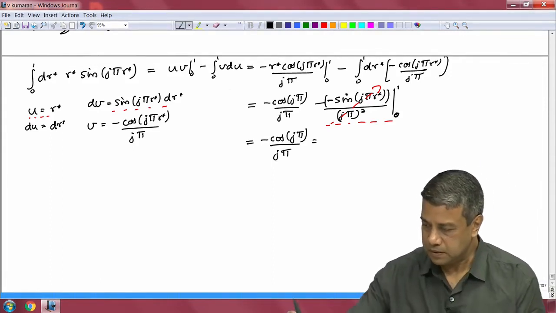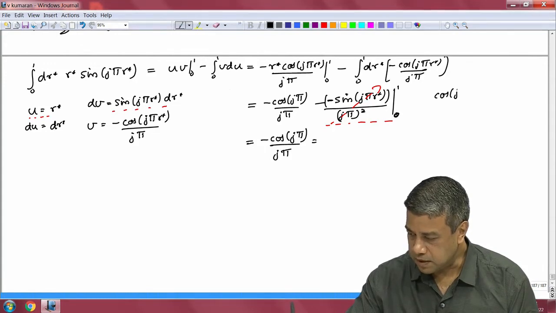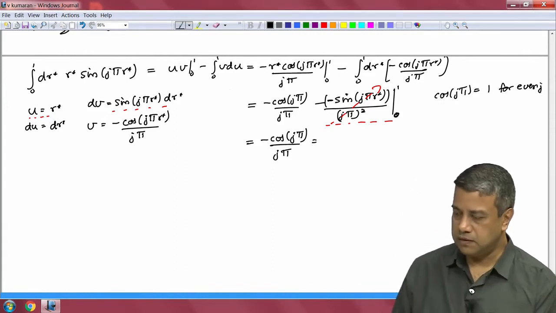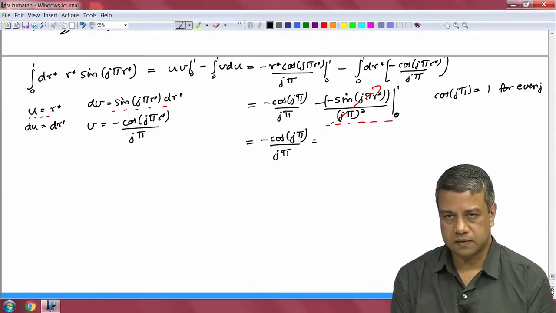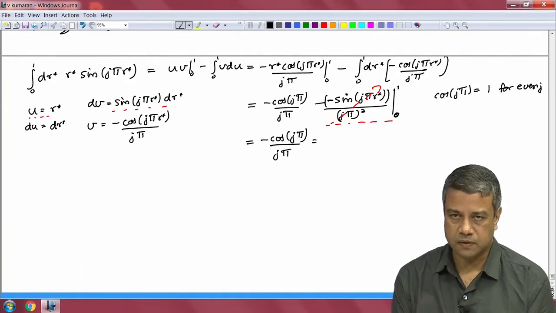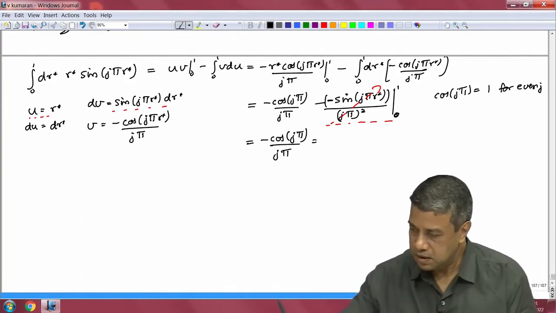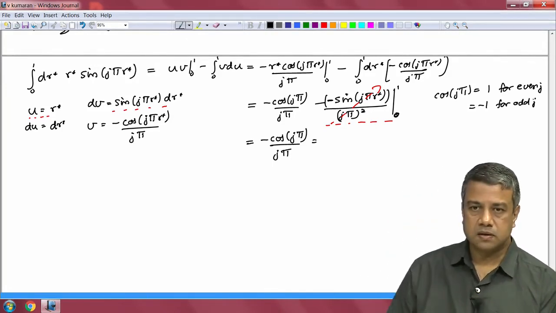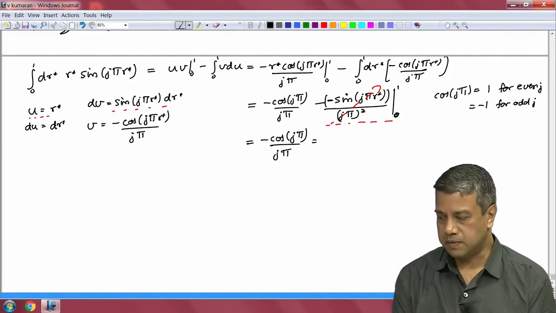So, cos of j pi is equal to 1 for even j. Cos of 0 is 1, cos of 2 pi is 1, cos of 4 pi is 1, and so on. And this is equal to minus 1 for odd j. So, cos pi is minus 1, cos 3 pi is minus 1, etc.